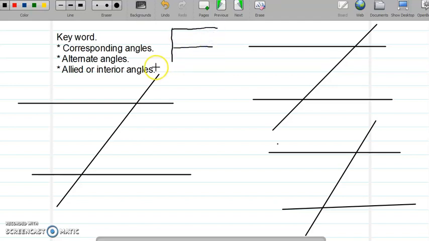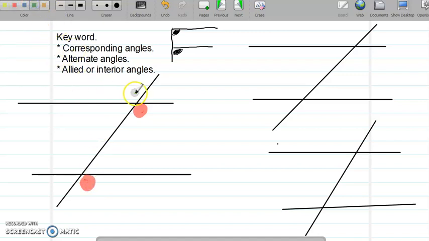If I have the letter F, this angle here and this angle here are what we call the corresponding angles. See that? So if you look at these parallel lines, the angle here and the angle here are what we call the corresponding angles.